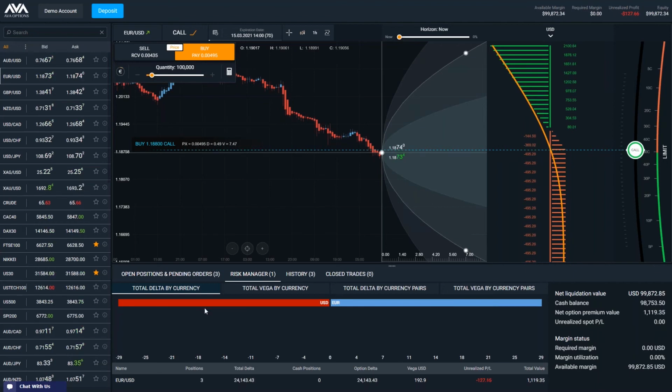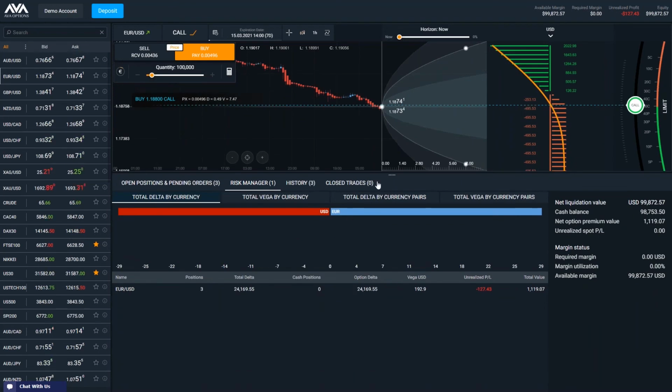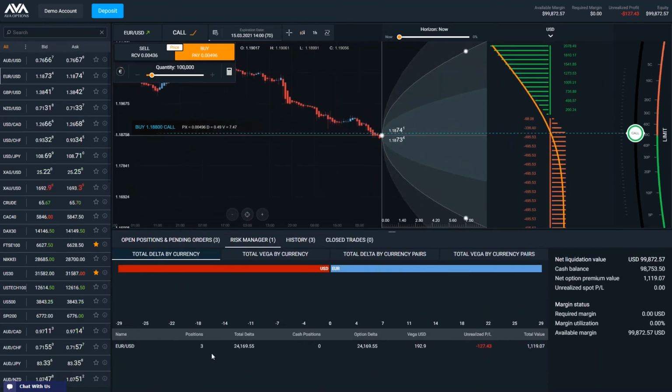You can see our risk. We've done two trades. We bought a call and we bought a put, but because they offset each other, you have almost no risk. We can see it down on the bottom. You see our net risk in Eurodollar. We have 3 positions. One of them was a limit order, and we have 1 call and 1 put.